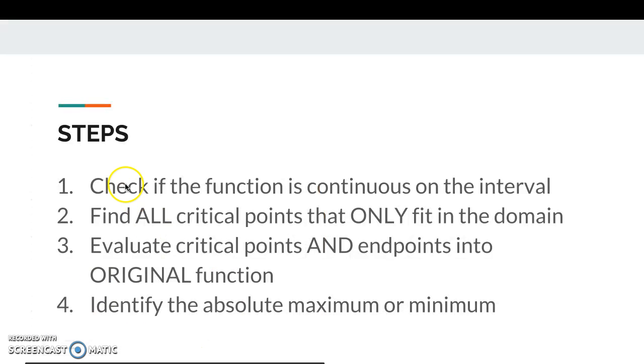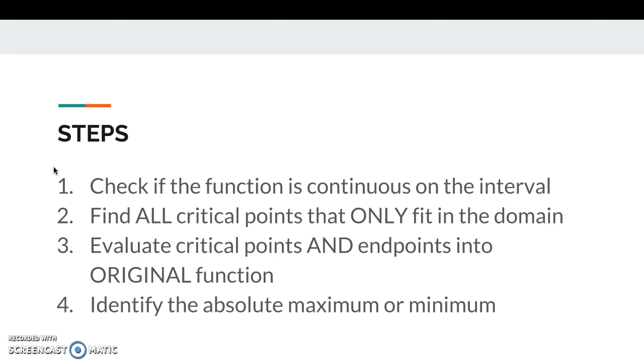Now going into specifics, let's take the steps of how to find the absolute extrema. First, check if the function is continuous on the interval. If it's not continuous on the interval, then you cannot solve it. But first, check if it's continuous on the interval. Second, find all critical points that fit in the domain. If a critical point does not fit in the domain, then just slap it away.